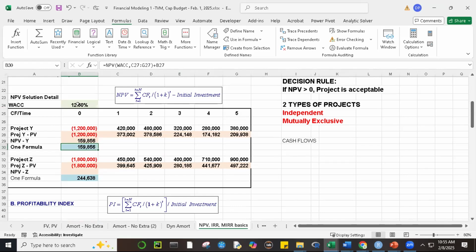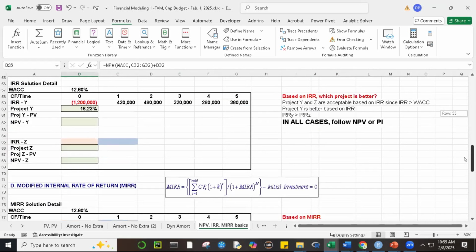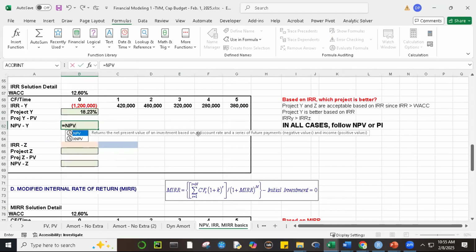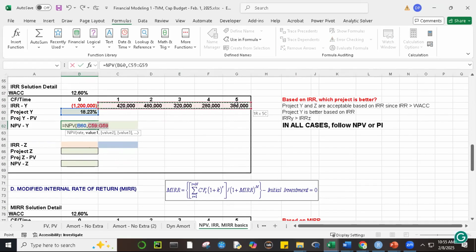Same thing, we use this one to get the NPV of project Z, it's 244,638. So if we use the IRR to be the cost of capital, what will now be our NPV? So let's do that. It's equal to NPV. Our rate this time is IRR, comma, and the values are again this one, and then we add the initial investment.